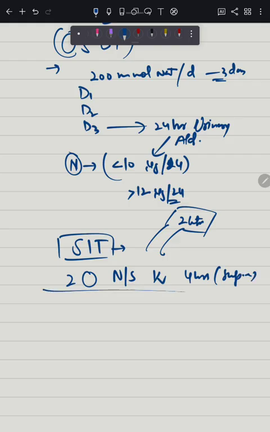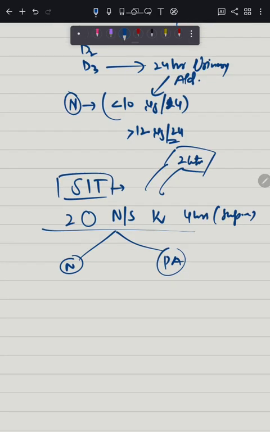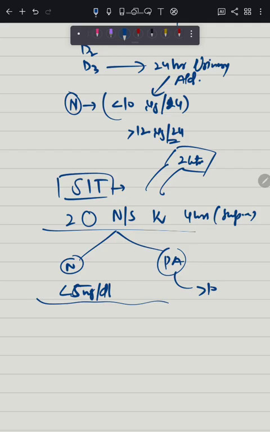What is the expected response in a normal individual, and what is the expected response in a primary aldosteronism patient? You measure plasma aldosterone after infusion. Normal aldosterone will be suppressed, less than 5 nanograms per deciliter, but here it remains high, greater than 10 nanograms per deciliter. An easy way to remember is, you flood the patient with saline. If aldosterone doesn't switch off, it's abnormal.